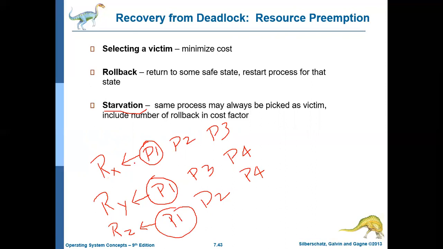This case is called starvation. P1 will never complete because it is always being asked to give up a resource whenever a deadlock happens.